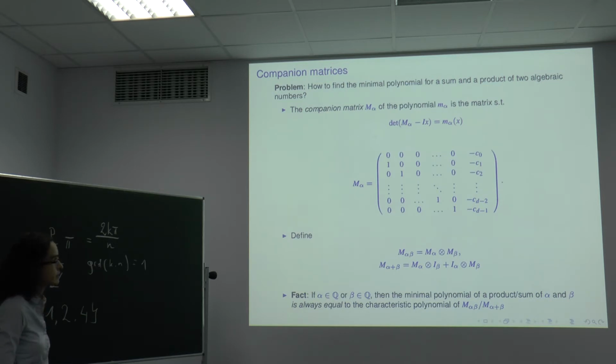Next, let us define the matrices MAB and MA plus B. MAB is the Kronecker product of the matrices MA and MB, which are companion matrices for the roots A and B, and the same for the matrix A plus B. In this case, it is the so-called Kronecker sum of the matrices MA and MB.